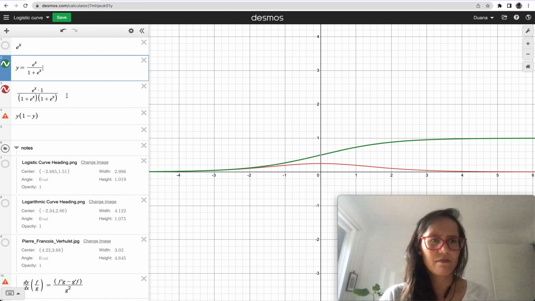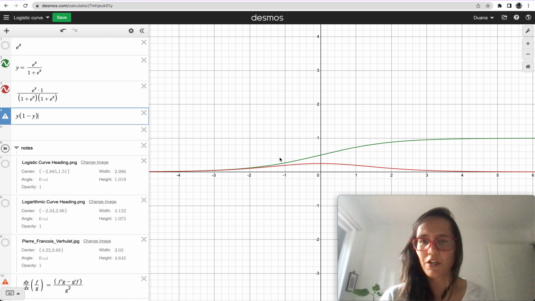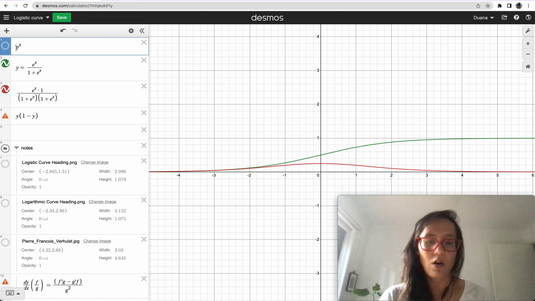It's called self-similarity. Anytime you've got a curve with these exponential terms, just like how the derivative of e to the x is itself, e to the x, so if e to the x was y, the derivative is just y.